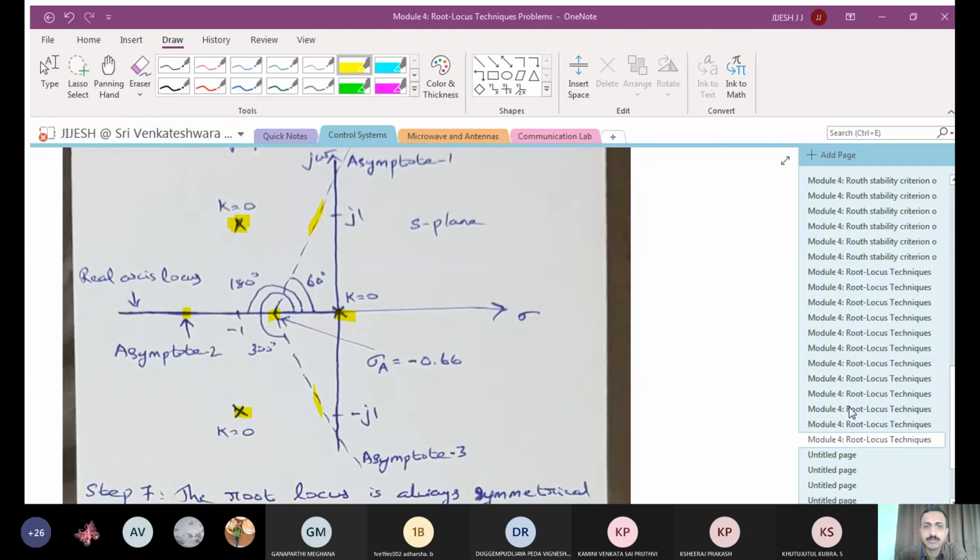Once you find that, you have to do quite a lot of things, and these are the steps you have to complete. You can try this problem. If you are finding it difficult, we will complete it in the upcoming class as well. Till step 9, you can complete. You can try finding the angle of departure, and you can also find the rest of the things. And then try to plot the root locus.